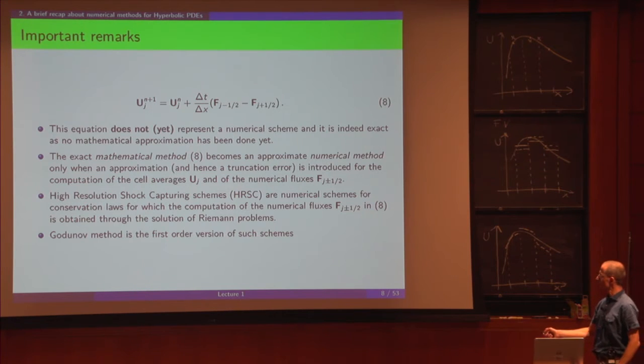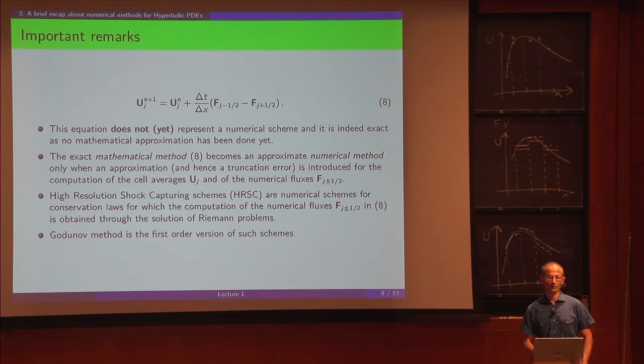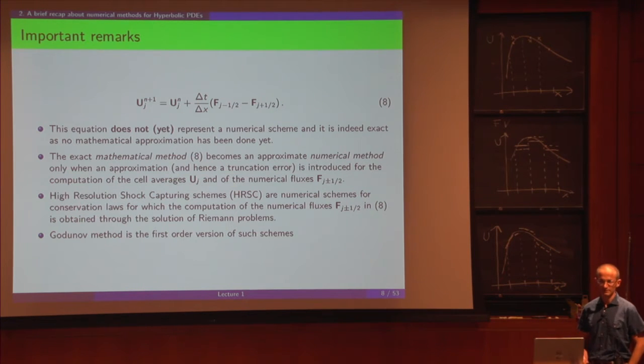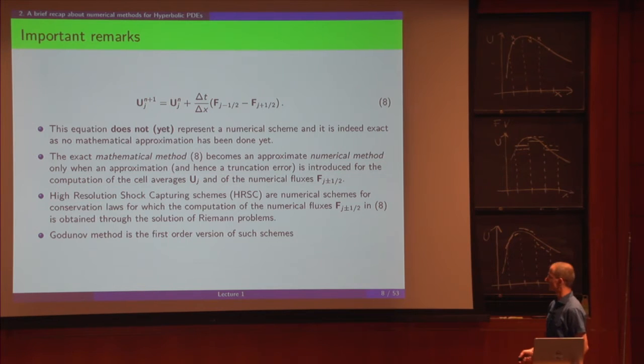High resolution shock capturing schemes are finite volume numerical schemes in which these numerical fluxes are computed through the solution of a Riemann problem. And this is the old idea of Godunov, introduced already in 1959. Actually, the Godunov method, the first order method, is the first of these high resolution shock capturing schemes.